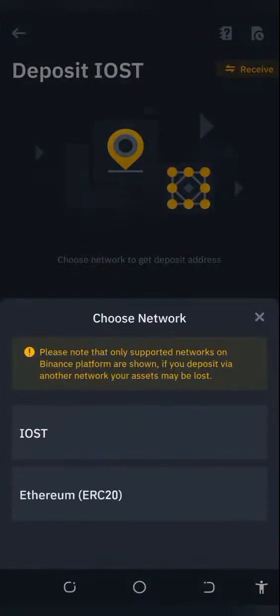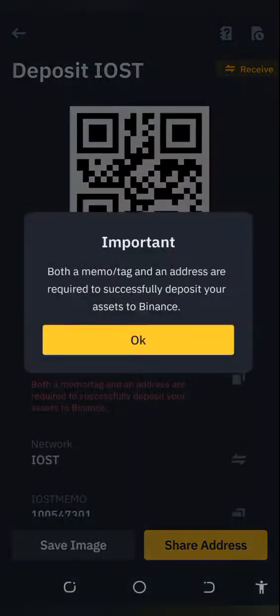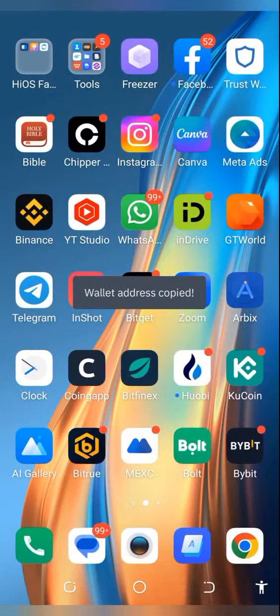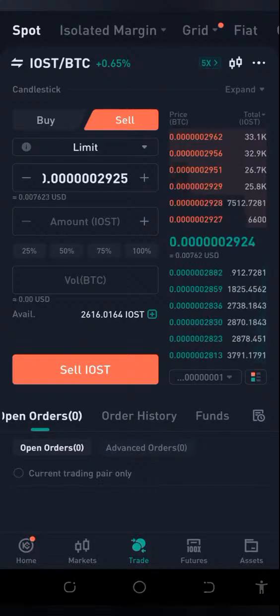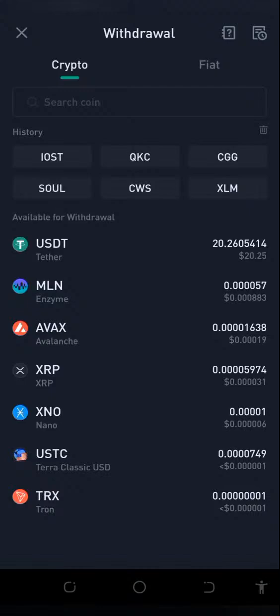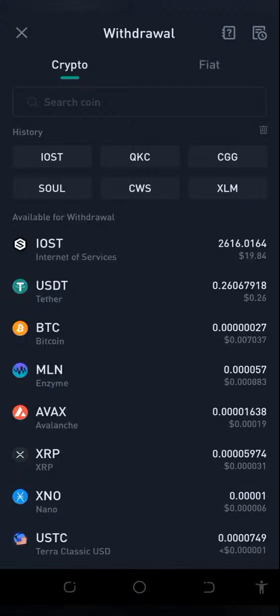We click on IOST. All right, it says both the memo and the tag. So let's click on this. We copy that, and then we quickly go over to our KuCoin where we are going to withdraw. Okay, so we're withdrawing that quickly.